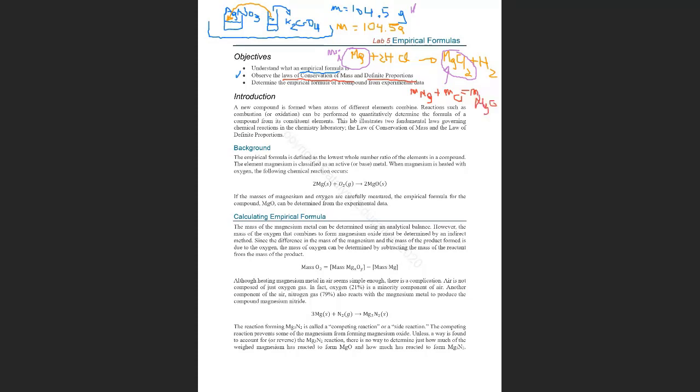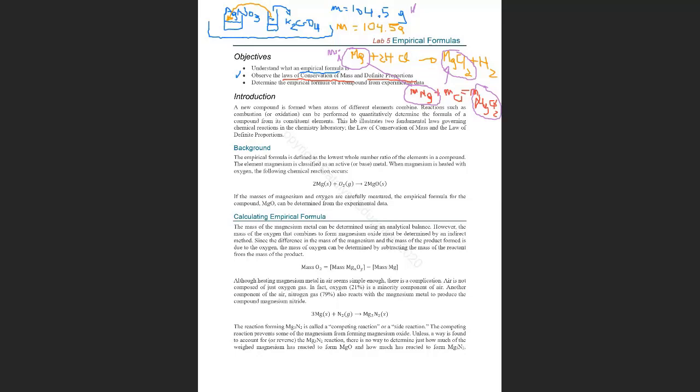magnesium chloride. So I know, because of the law of conservation of mass, the initial mass of the magnesium will be the same. And I know the mass of the magnesium chloride because I weighed it after the reaction took place.